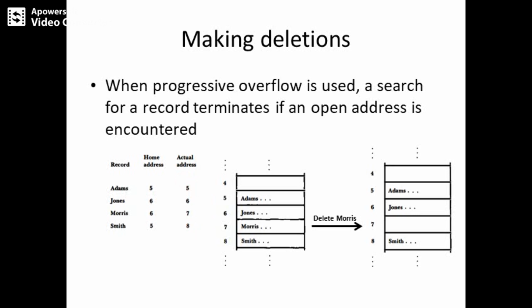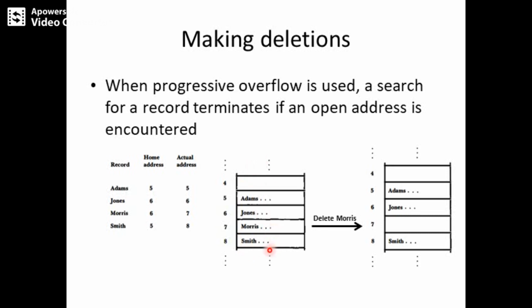So you are going to store Adams in 5, Jones in 6, then Morris, whose home address was 6. Already Jones has been saved there, so we are going to save it in 7, so the actual address has become 7. Then Smith's actual address is 5, so we go for the progressive overflow method and store it in 8, right?